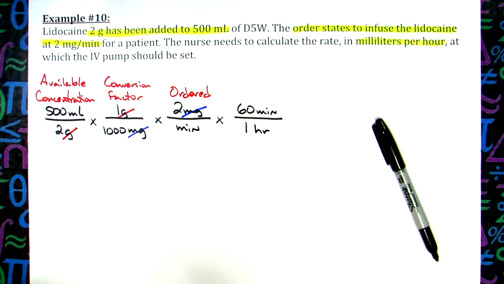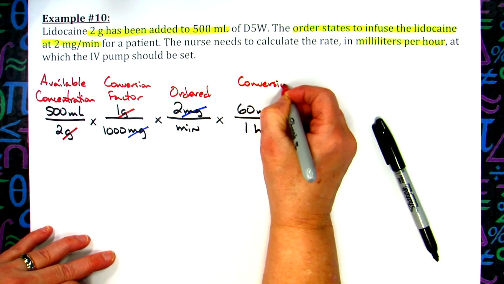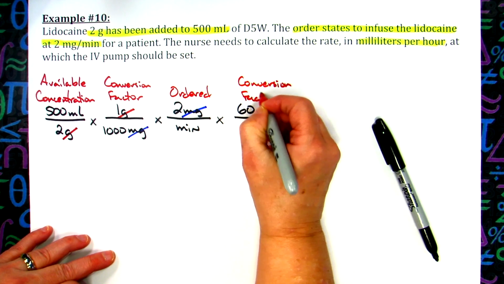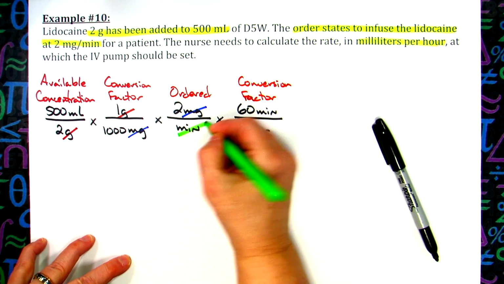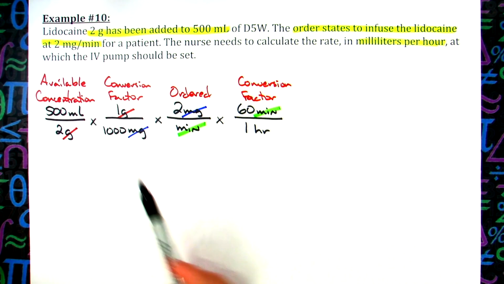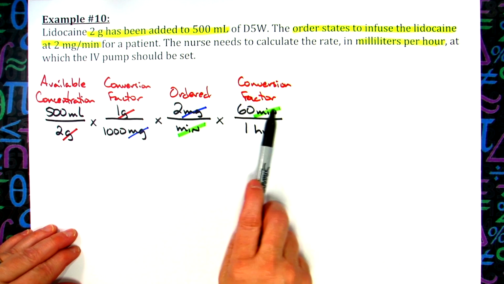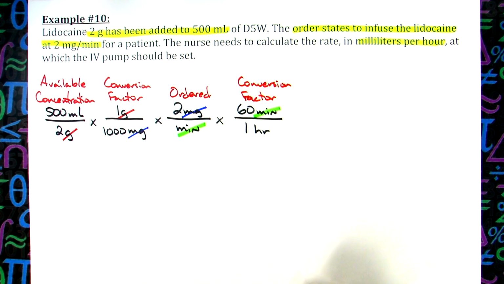So again, this is going to be another conversion factor. Okay, and let's go with yet another color. The minutes here, we'll cross out with the minutes here. Okay, now if you check, you have milliliters across the top, you have hours across the bottom. So then that's what I want, milliliters per hour.